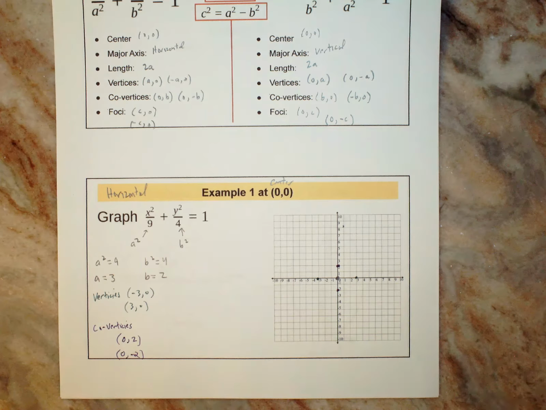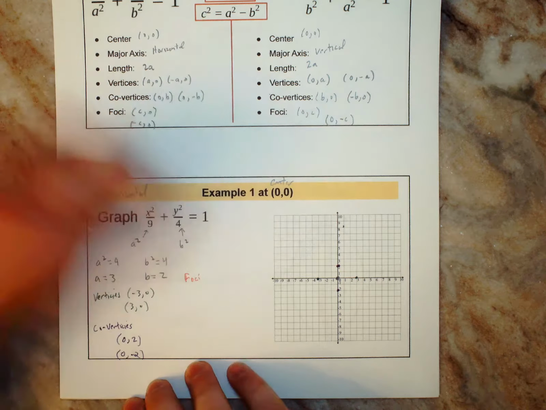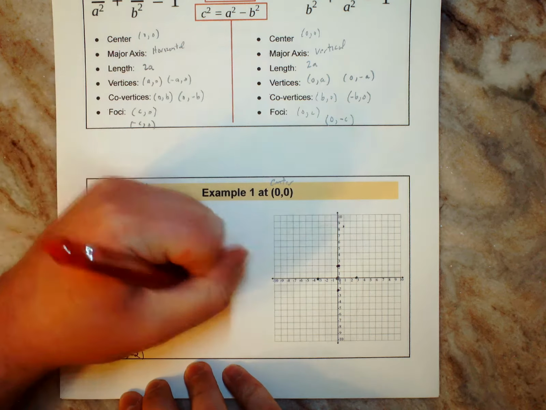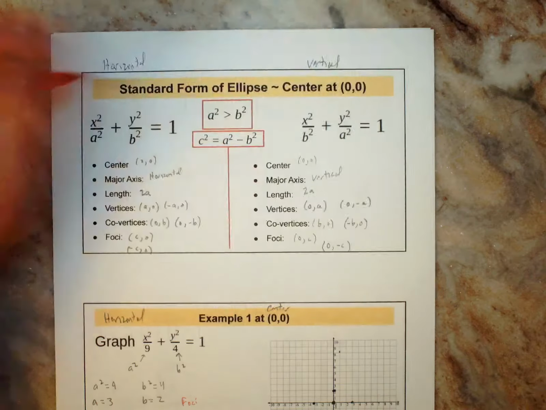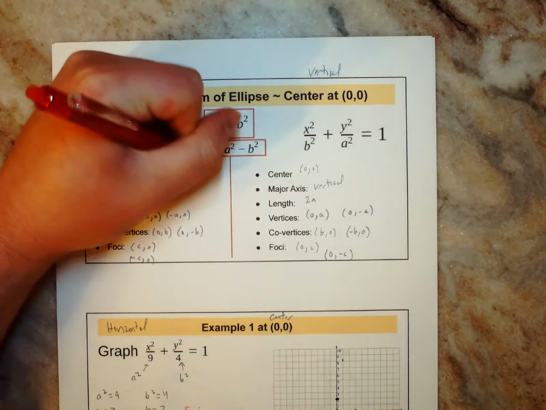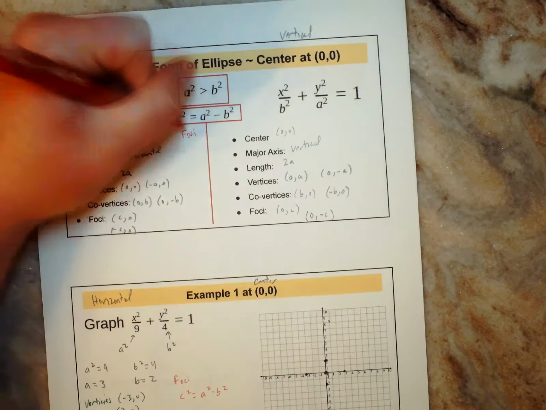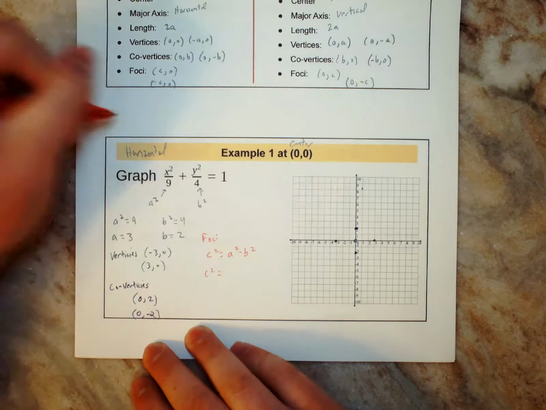Now the last thing I need to do is my foci. So for your foci, you use the formula c squared equals a squared minus b squared. And that is from up here, foci. So exactly what I'm going to do. c squared equals a squared minus b squared.